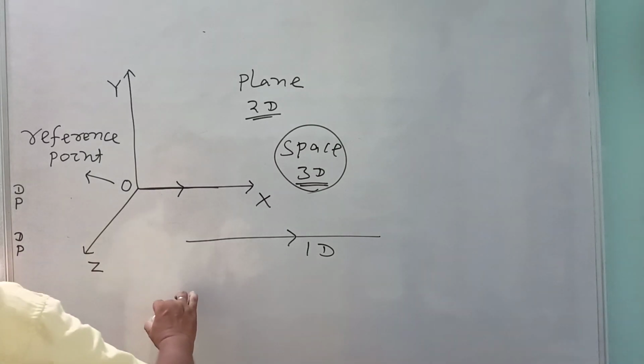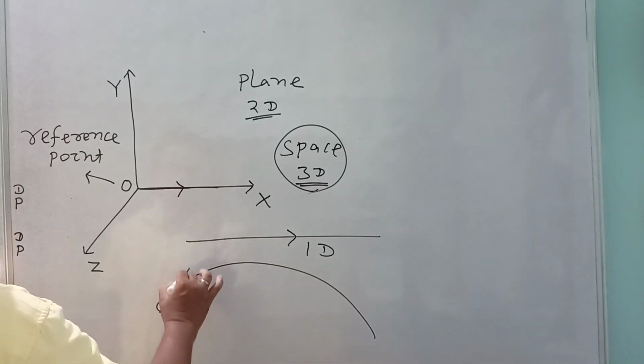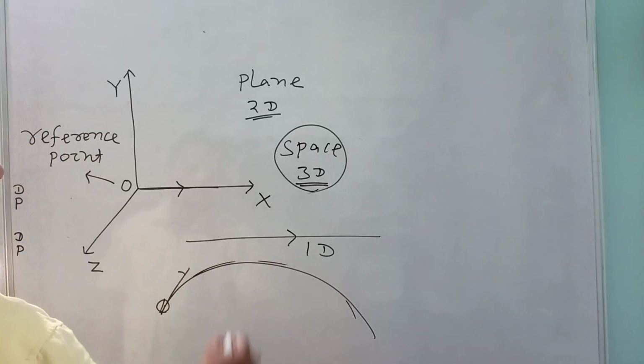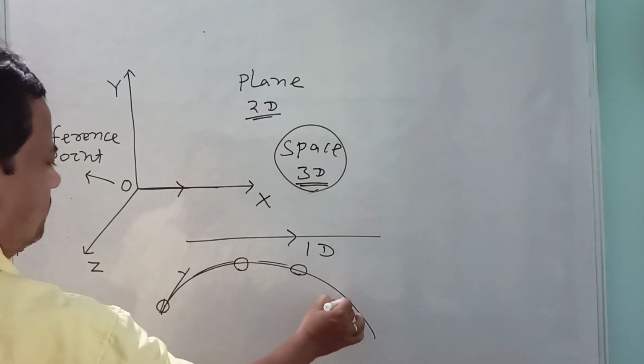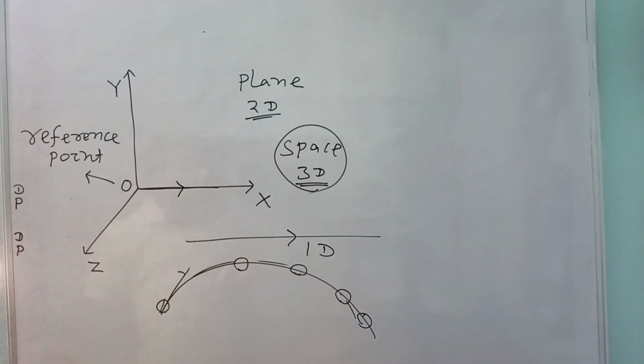Your projectile motion like this. Suppose you throw a body, the body moves in this way. So at any point, there are 2 coordinates required to specify its position. So projectile motion is also 2D or 2-dimensional motion.